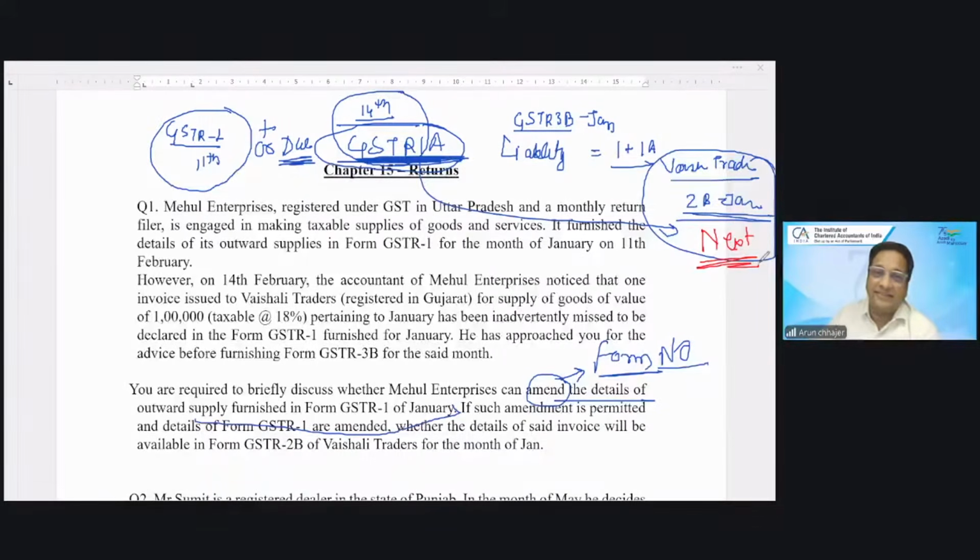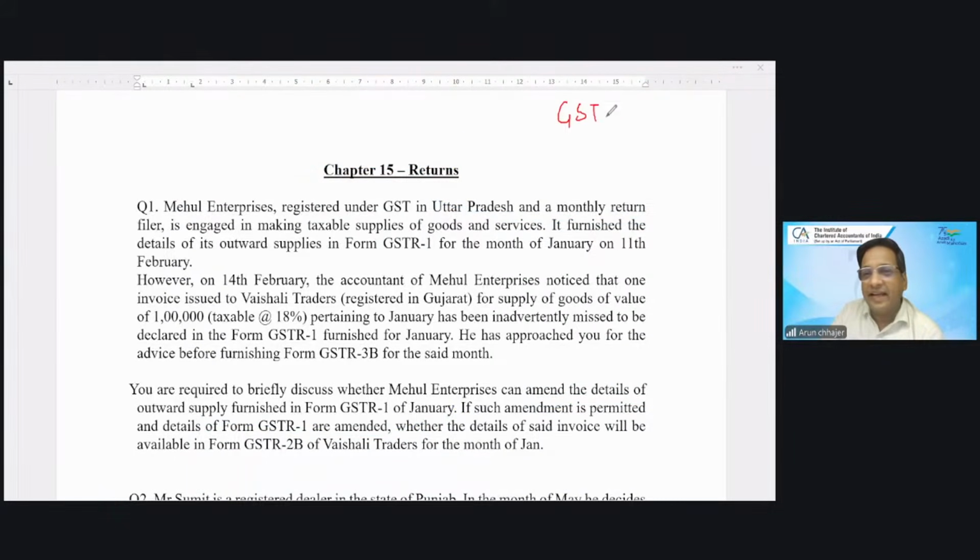Navneet, in case of a monthly taxpayer, what is the due date? Tell me one thing. Can GSTR 1A's ITC, in any situation, appear in the same month's 2B?